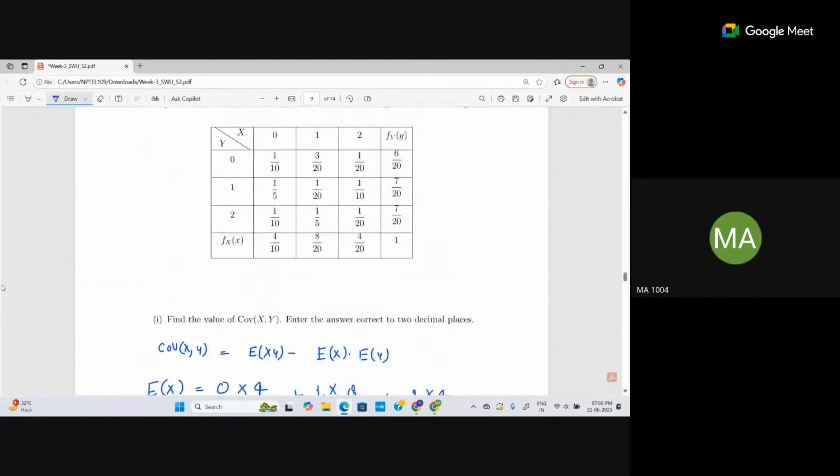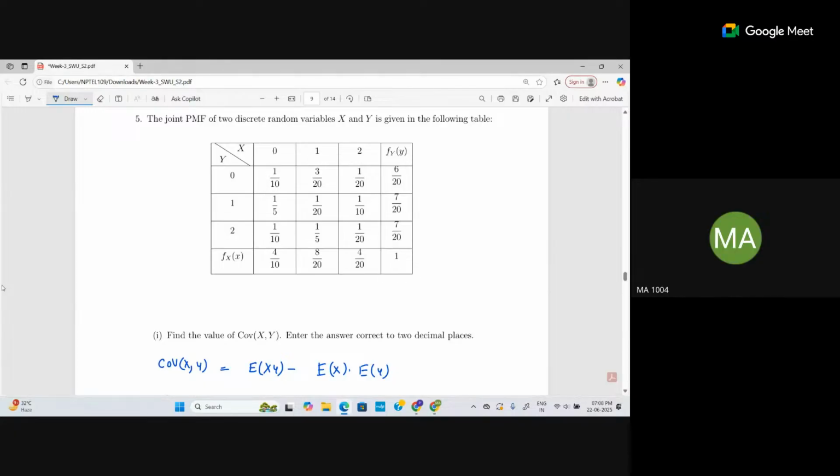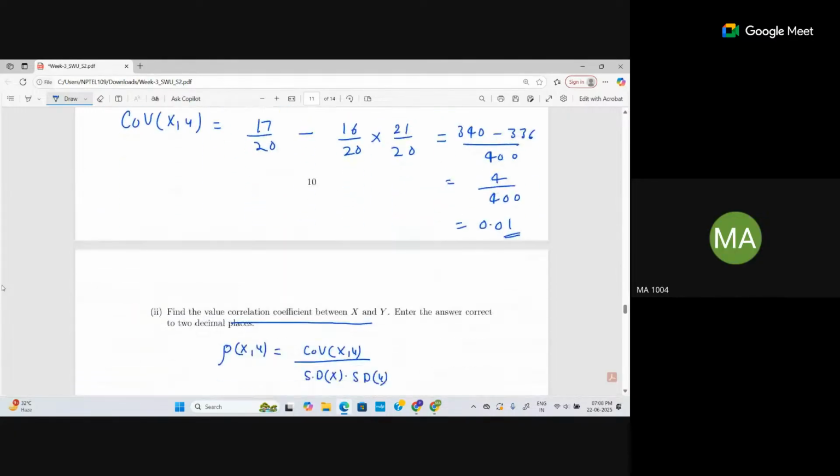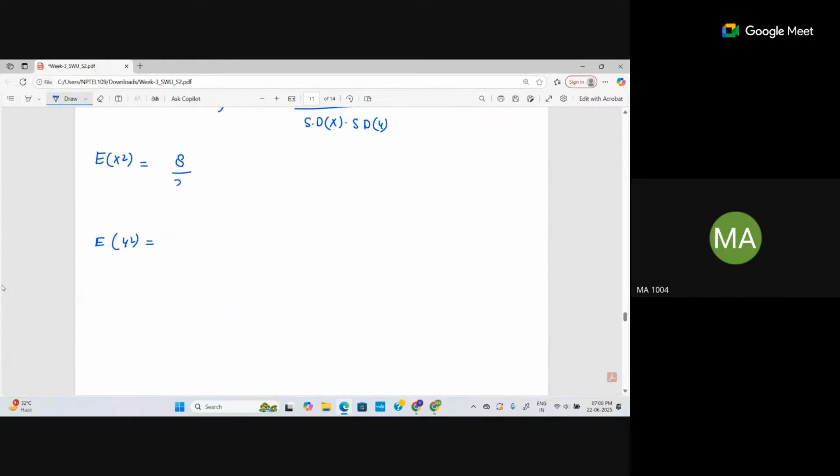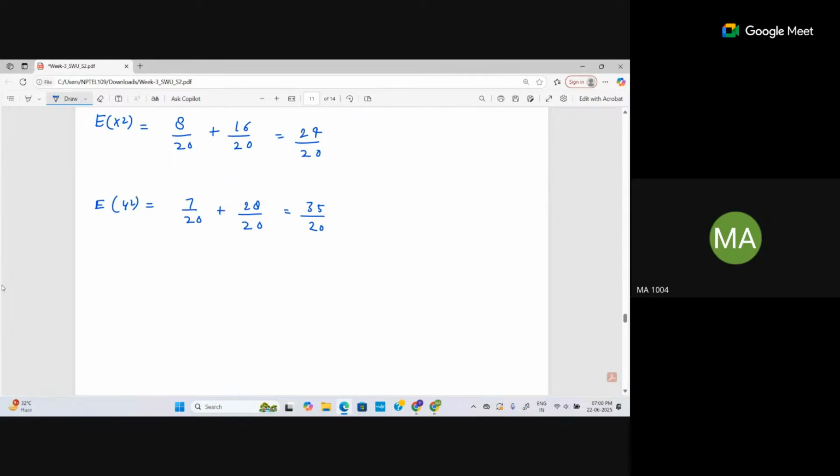Okay. So it will be 8 by 20 plus 16 by 20. So this will be 24 by 20. And for y, 7 by 20 plus 28 by 20. So now we have to find the variance of x and variance of y.